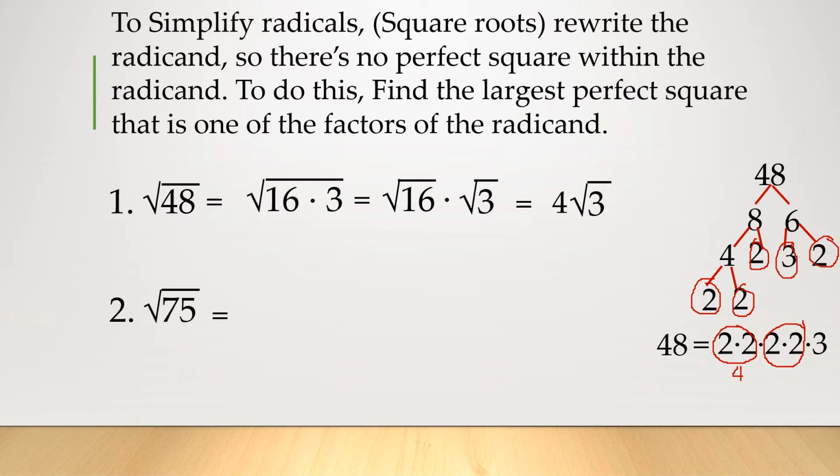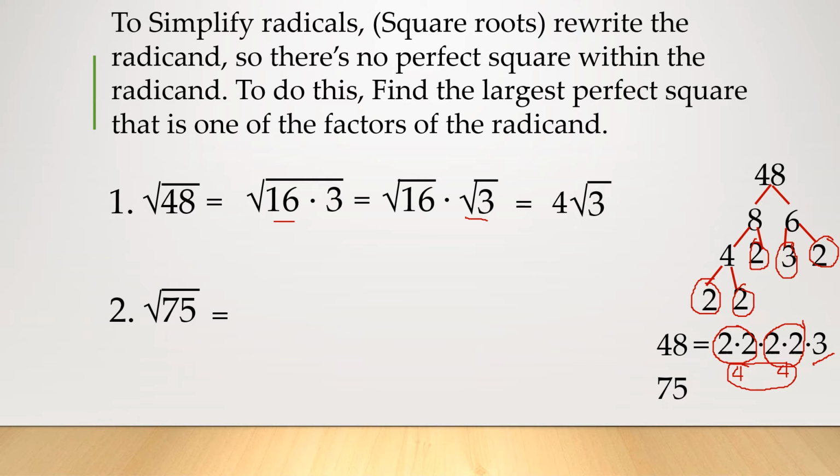And then we have also here 2 times 2, that is 4. And again, they are a pair, so therefore, it's a perfect square, which is 4 times 4, that is 16. So that's why we have 16 here. And this number here, 3, it means that it's already in simplest form, square root of 3.